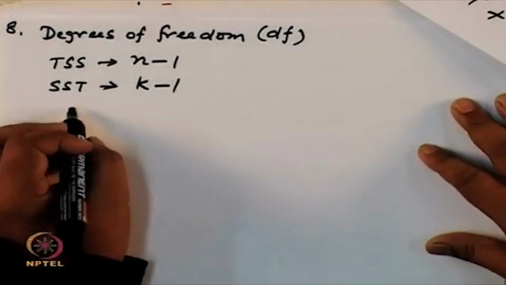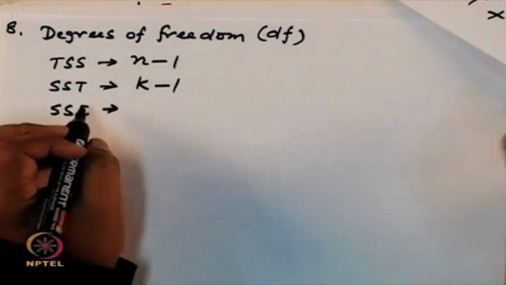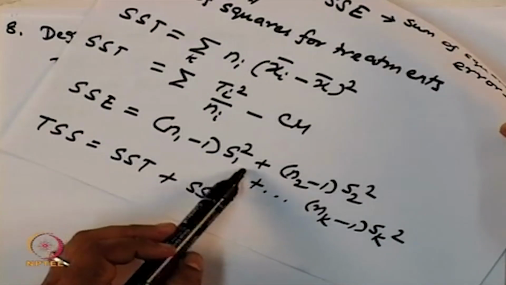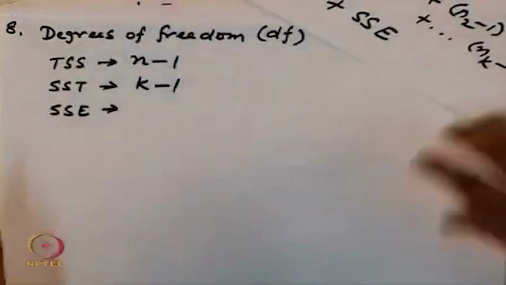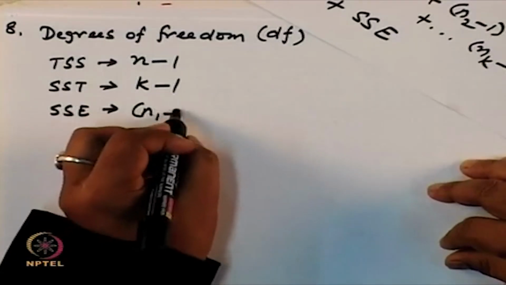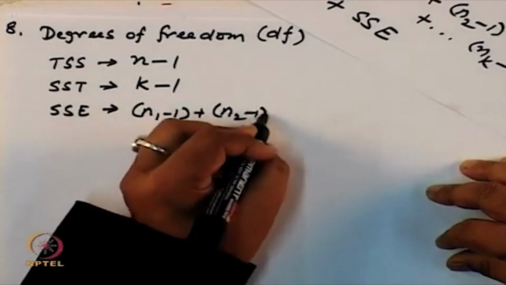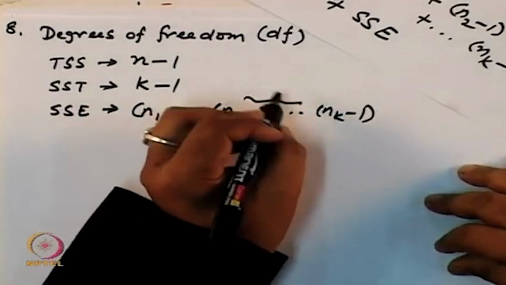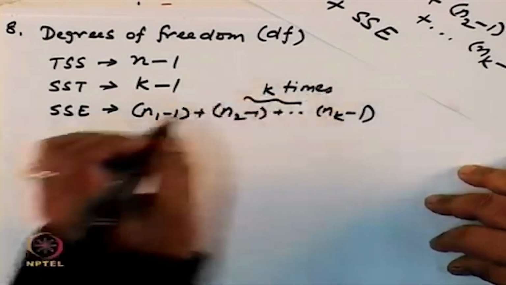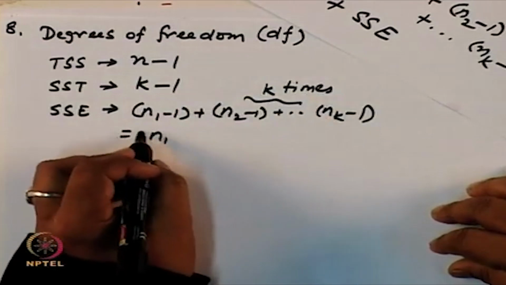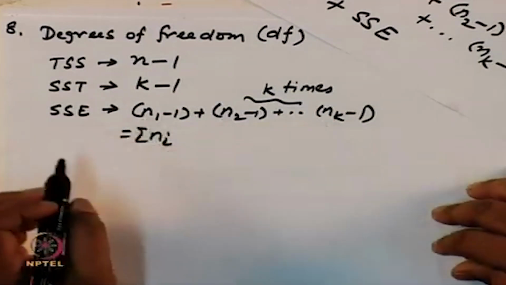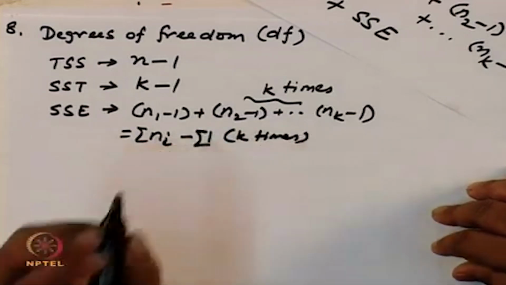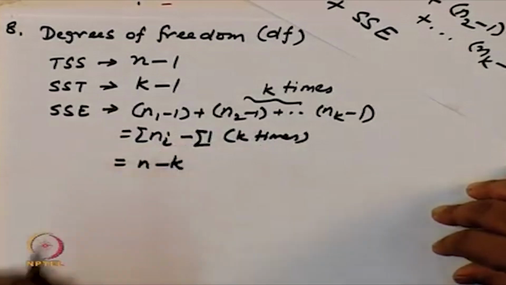For the errors SSE, you have n1 minus 1 times s1 square plus so forth, so SSE has a contribution of n1 minus 1 plus n2 minus 1 plus dot dot dot nk minus 1. This is k times, so you can simplify it: the summation of ni, you have n terms all together, minus 1 which is k times, is nothing but n minus k.